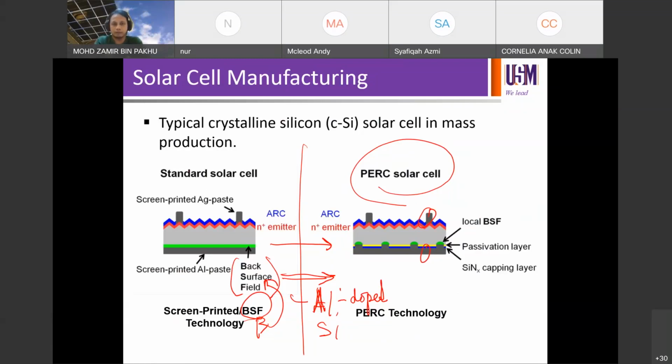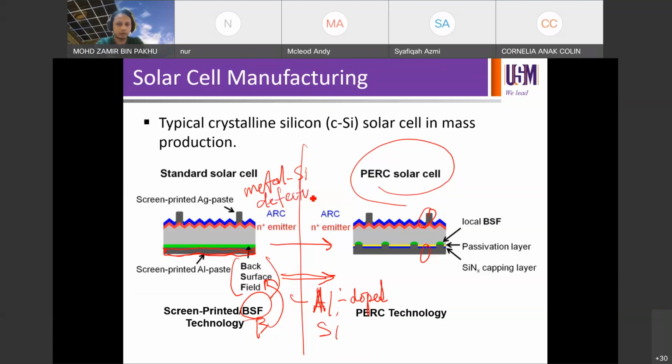So doing this is not so good because you need to have your contact throughout the whole rear surface. And this is bad because, if you learned recombination last time, a metal to silicon interface is a defective interface.